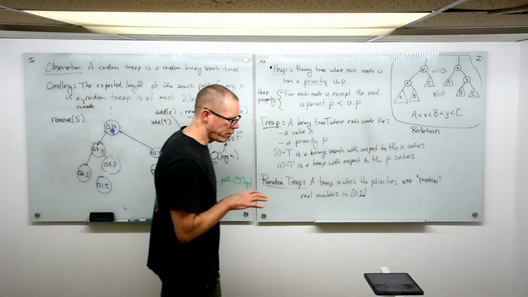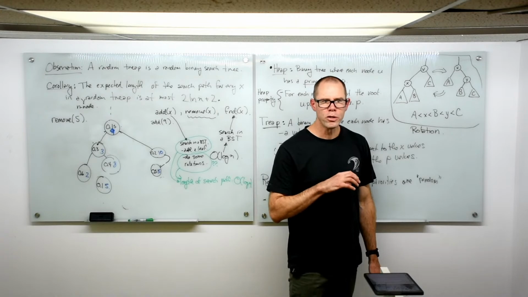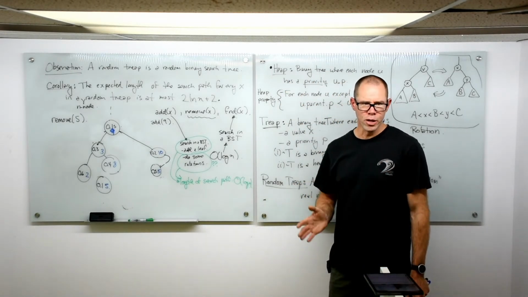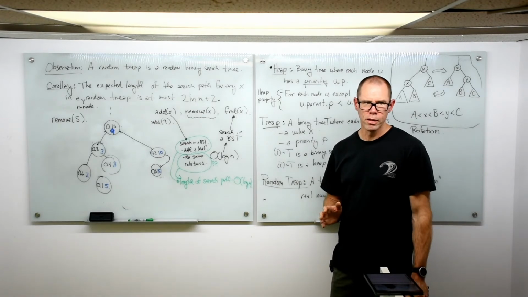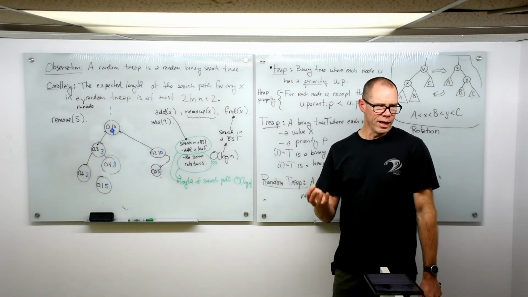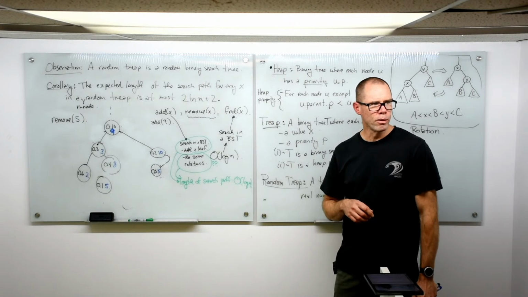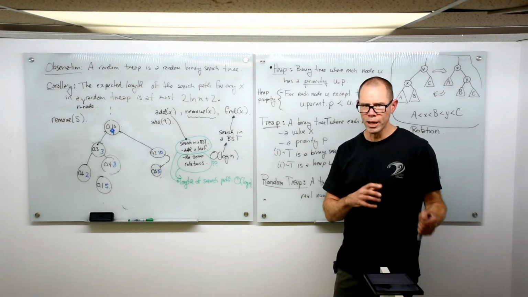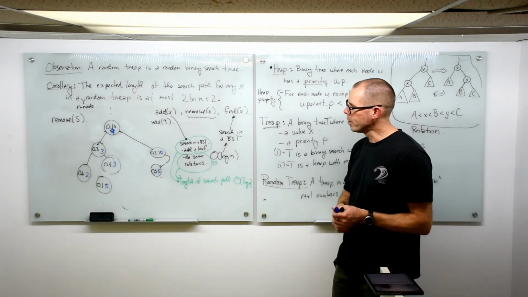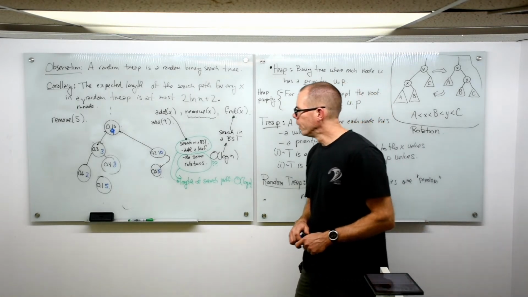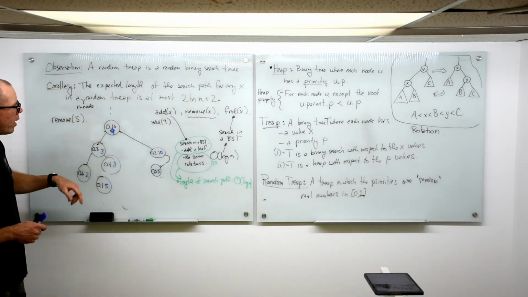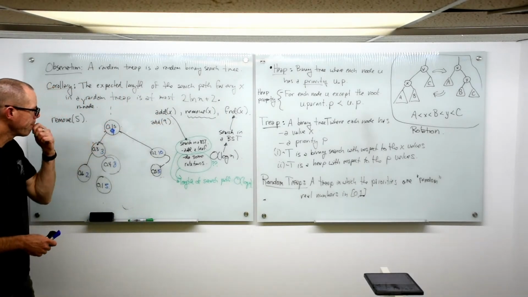And whether you do a left rotation or a right rotation just depends on whether the left child or the right child has smaller priority. In fact, you want to invert that completely. So you want the child with smaller priority to replace the node that's being pushed down. All right. So that's how removing works.